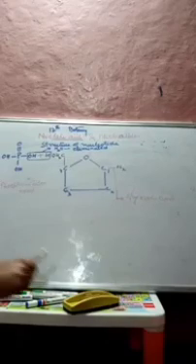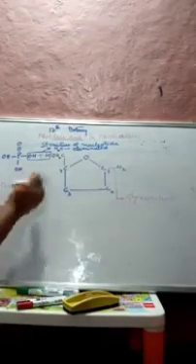Now what we will see, this is the nucleotide. Now what happens in the nucleoside? The nucleotide is this pentose sugar, this nitrogen base, and this phosphoric acid. Now, what is the structure of the nucleoside? The nucleoside is simply the nucleotide minus phosphoric acid.